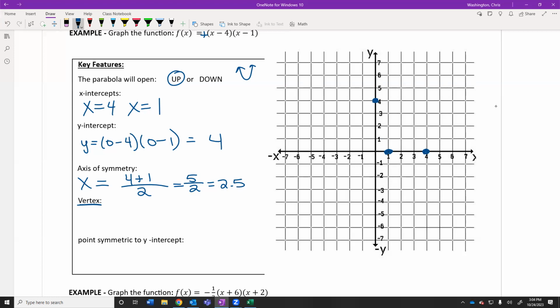Now, if we want to find the y value of the vertex, we can draw this on here if we want. Like this dotted line going through 2.5. You don't have to put that on there, but it may help. Now, to find the y value, just like we plugged in 0, we're just going to change it to 2.5. So 2.5 minus 4 and 2.5 minus 1.